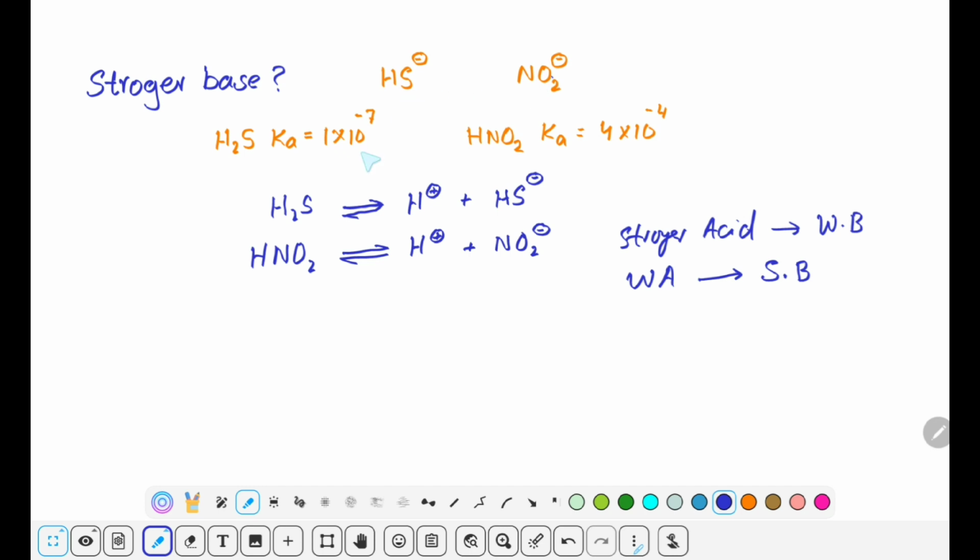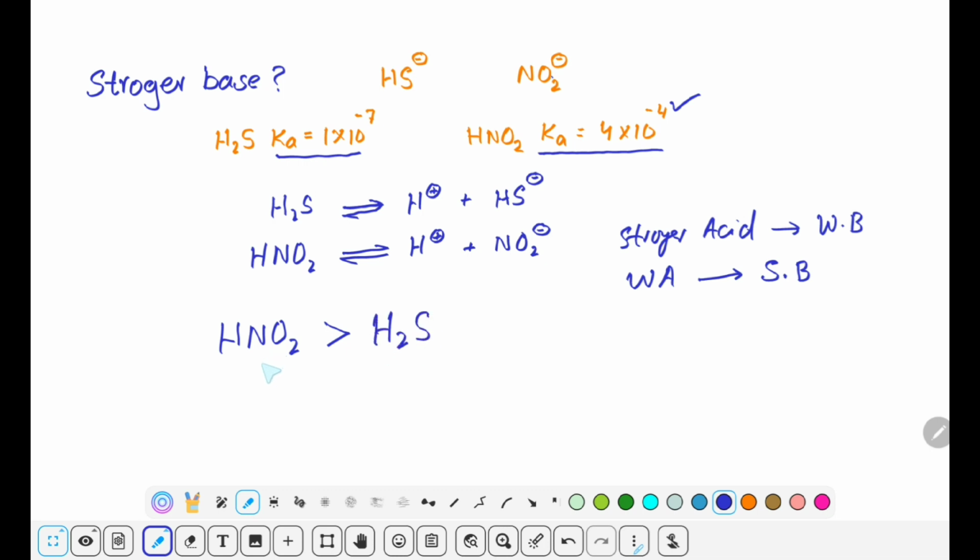Here, how can we find which acid is weak and which is strong? Look at these Ka values, the acid ionization constants. These values will help us. The value for H2S is 10^-7, and for HNO2 it is 10^-4. Since 10^-4 is the larger value, HNO2 is a stronger acid than H2S.